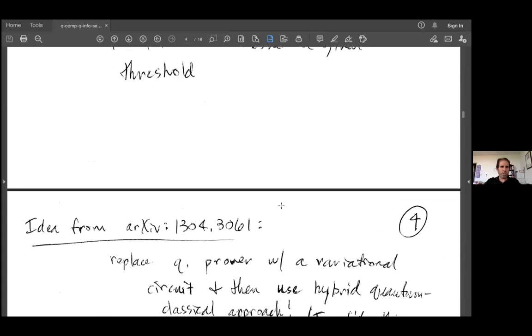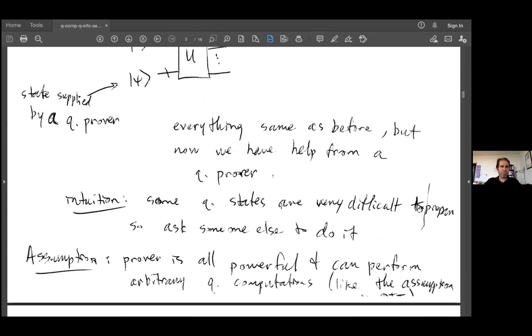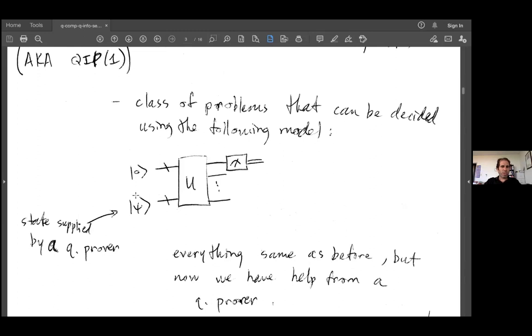Okay, so their idea was, rather than relying on some fictitious prover to generate the state, come up with a circuit that can attempt to generate this state.